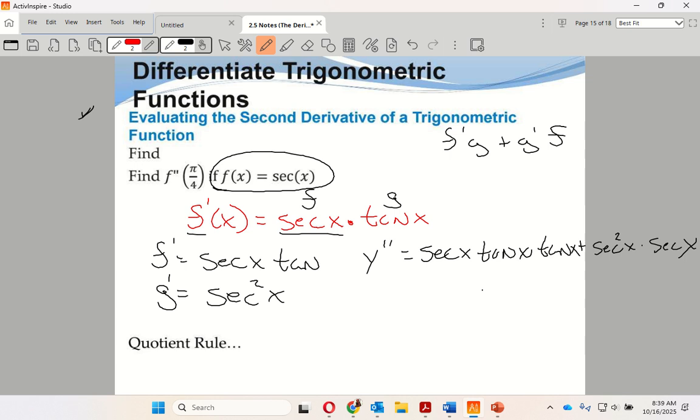Oh, it's not y, it is f. Sorry. F double prime of x. Now, do I need to go arrange and coordinate and do all that other stuff? I really don't.